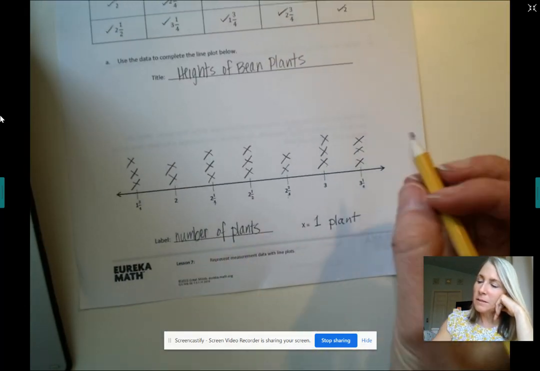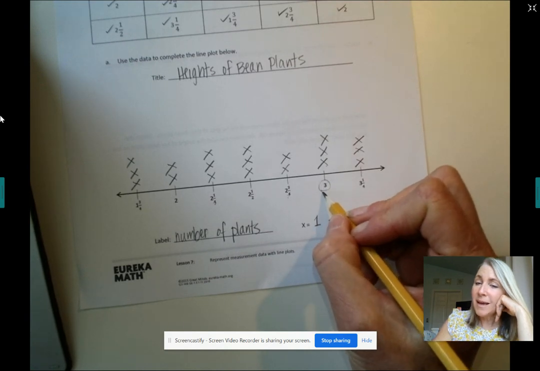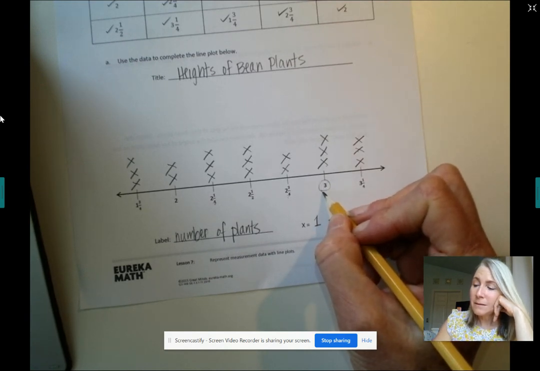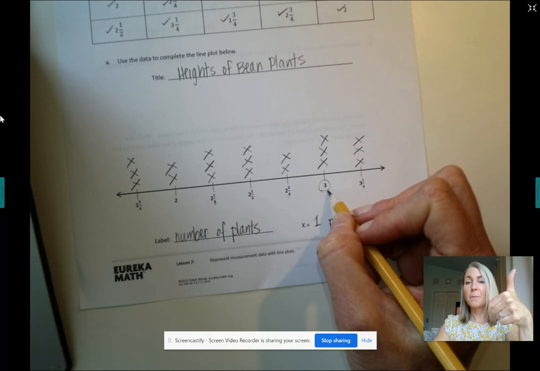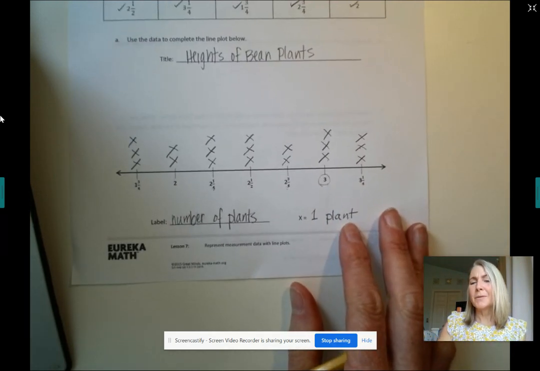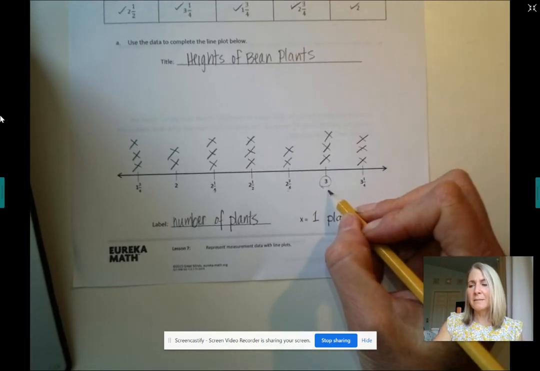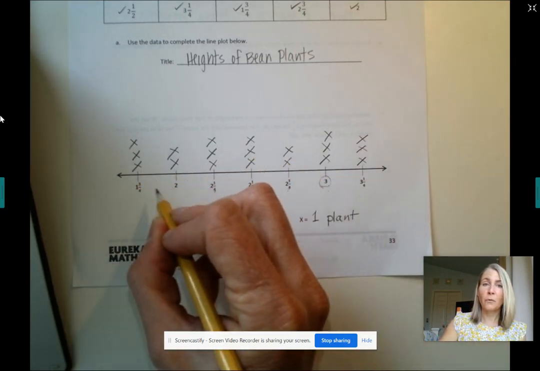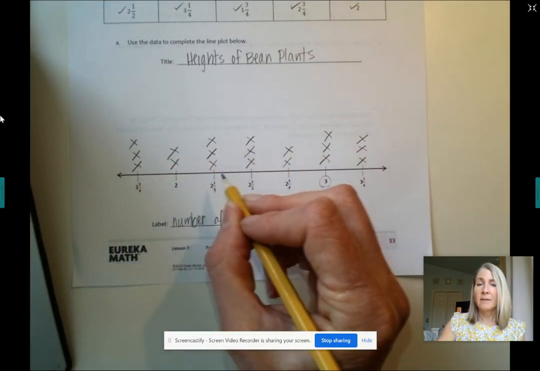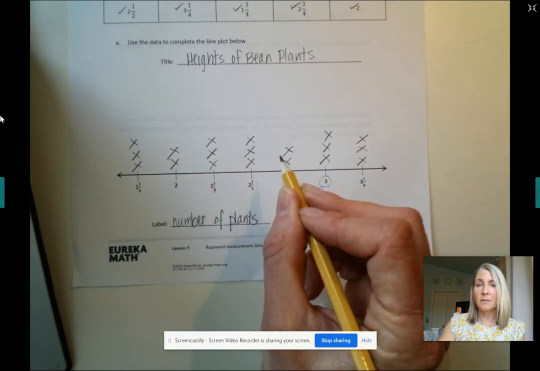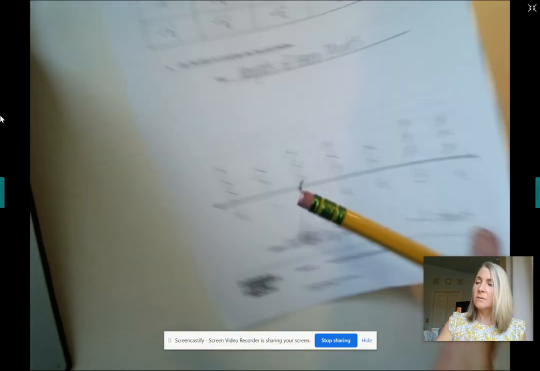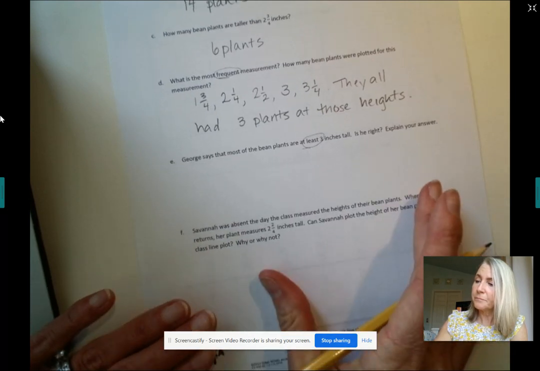So here is our 3 inches, and at least means that they're this or bigger, right? So let's take a look. Are most of the bean plants 3 inches or taller? No, because we've got this whole section over here that are not at least 3 inches tall. So he is incorrect.